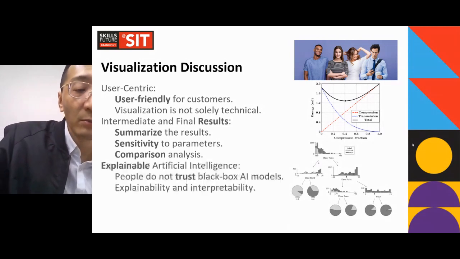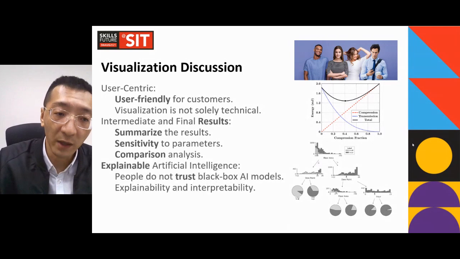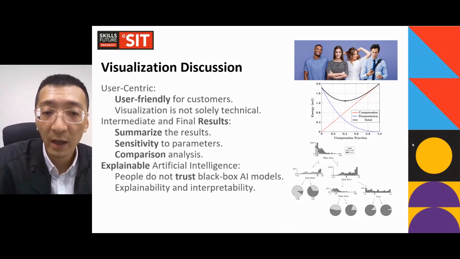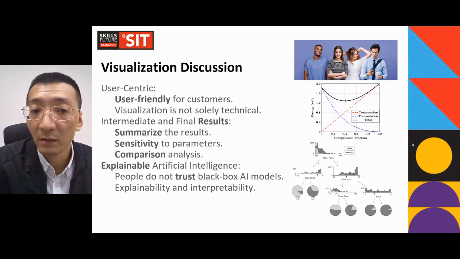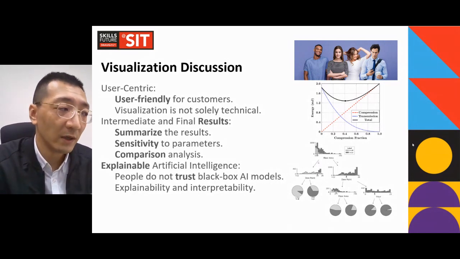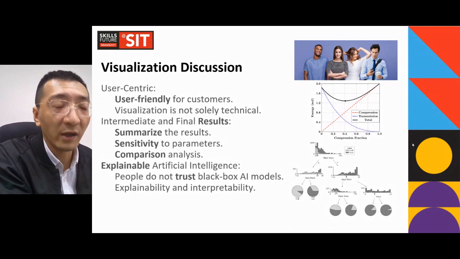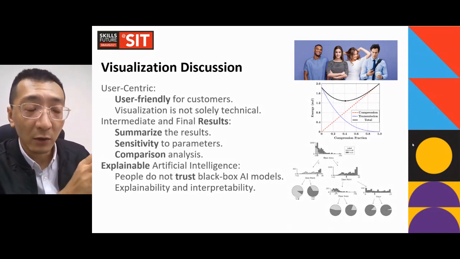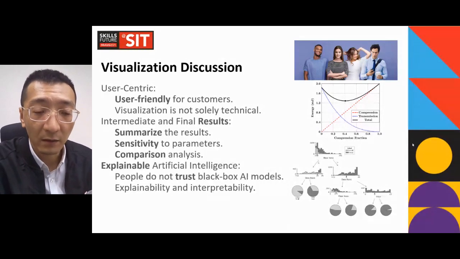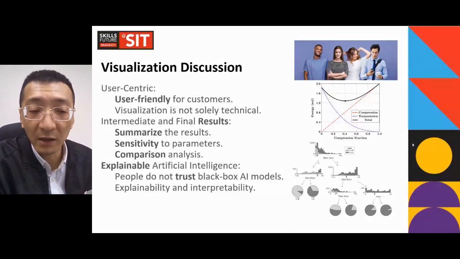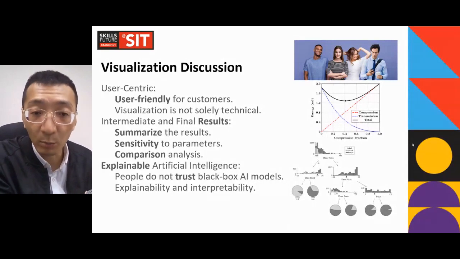And another interesting part is explainable artificial intelligence. You know that nowadays people are talking about data and AI all the time, right? So we talk to different people, they are working on AI. But when we look into more details, we find the fact that many companies and many institutes don't really deploy the AI solutions in their products.